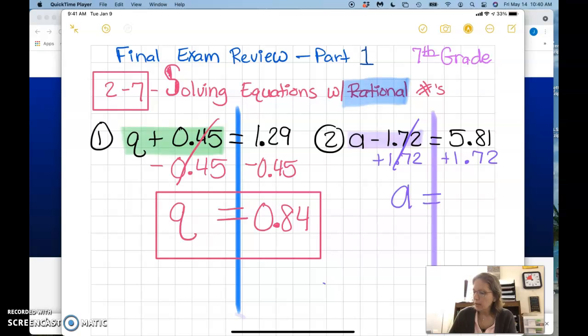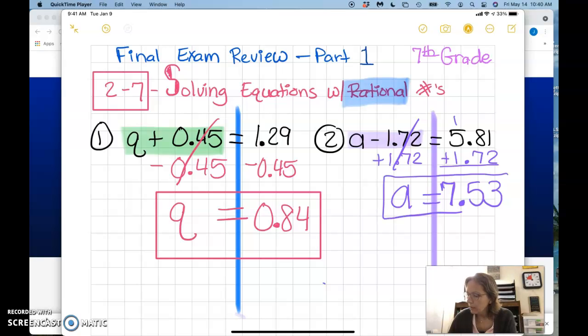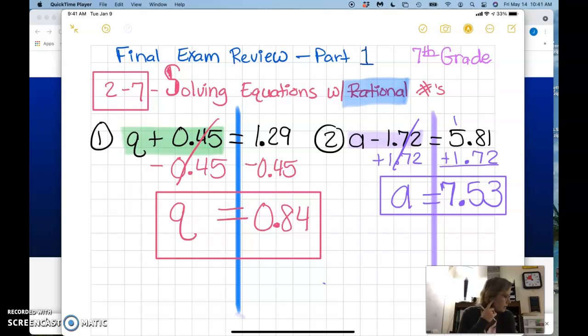And if I put that in my calculator, or if I just add it because it's not too terribly difficult. 2 plus 1 is 3. 8 plus 7 is 15, but carry 1. And then 1 plus 5 is 6 plus 1 is 7. Don't forget to bring that decimal point straight down. And A equals 7.53.